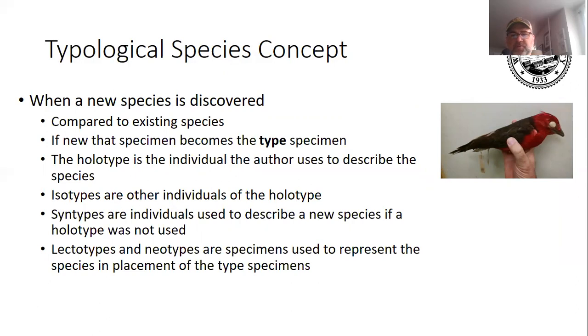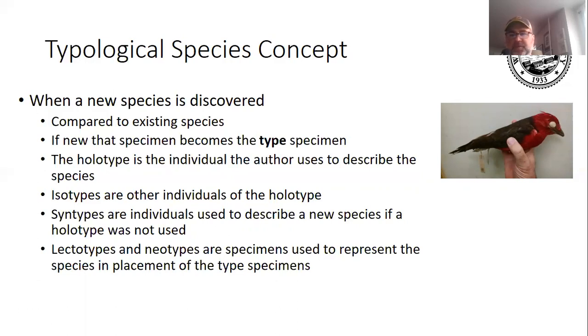So let's say you are going through the Amazon, you see this cool bird, you collect it, and you want to know, is this a new species? If that individual becomes a new species, that's the type specimen. And the holotype is the specimen that an author uses when they publish a new species.